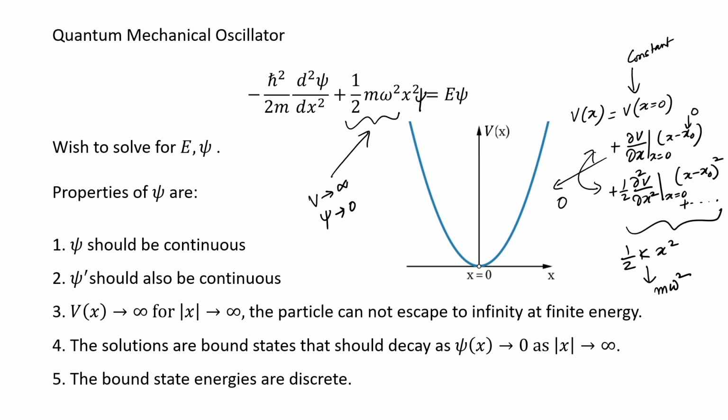The solutions are bound states, and psi should decay to 0 as mod of x goes to infinity on either side. We write mod of x because this potential has an inversion symmetry, so any point has a corresponding point at minus x.